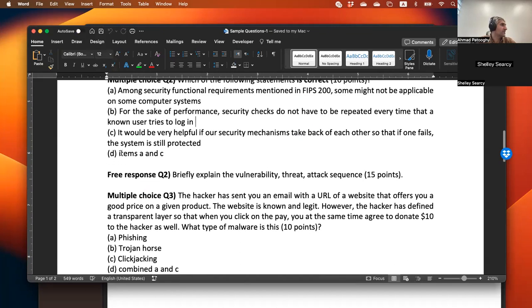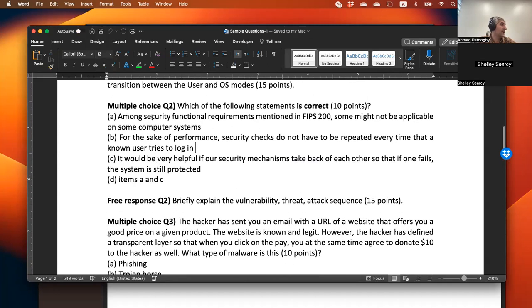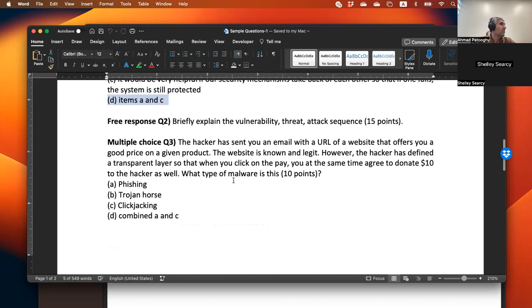The correct answer is A and C. A is correct, as I explained. C is correct, B is not correct, and then the item that you should pick for this question is item D. Multiple choice question 3 asks about a situation, and it asks you to determine what type of malware this is. The situation is this: the attacker has sent you an email with the URL of a website that offers you a good price for a given product.